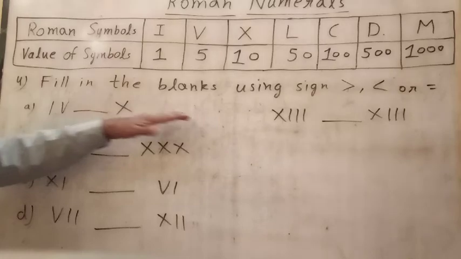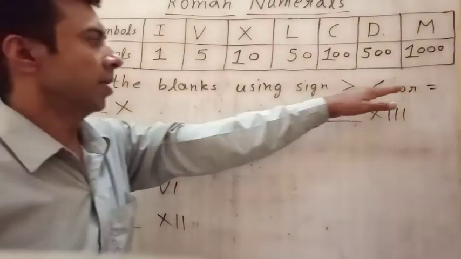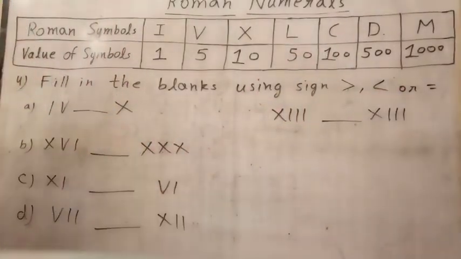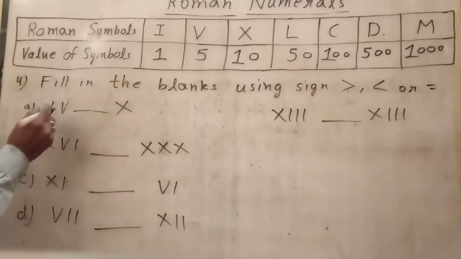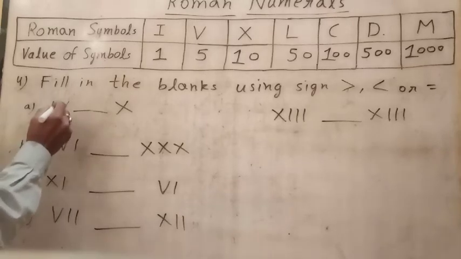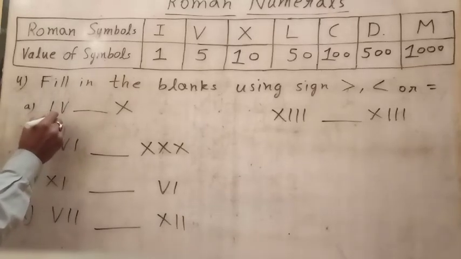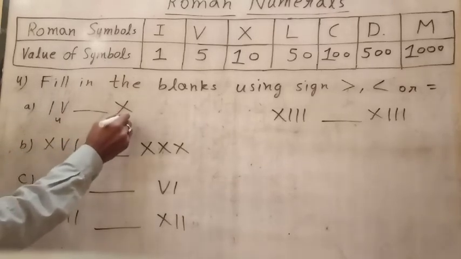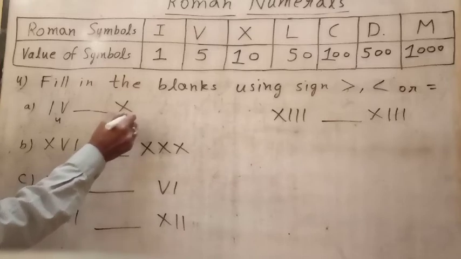Next, fill in the blanks using the sign greater than, less than or equal to. A. IV and X are written. What is the value of IV? See, I is written to the left of V, so 5 minus 1, 4. And the value of X is 10.